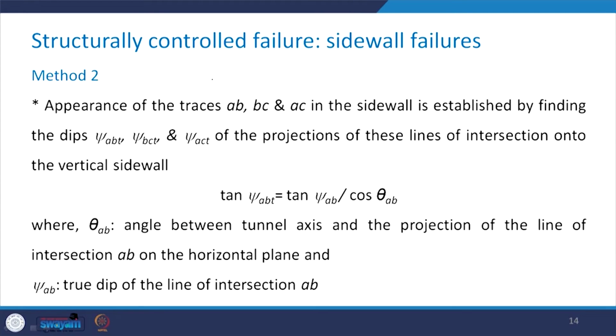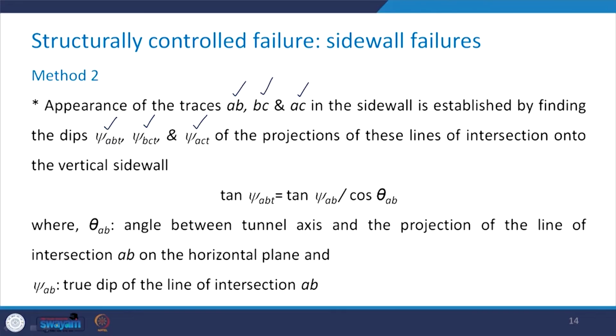Appearance of the traces AB, BC and AC in the side wall can be established by finding the dips psi ABT, psi BCT and psi ACT of the projections of these lines of intersection on the vertical side wall.